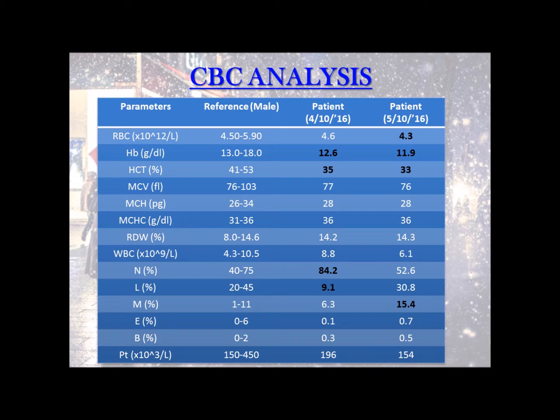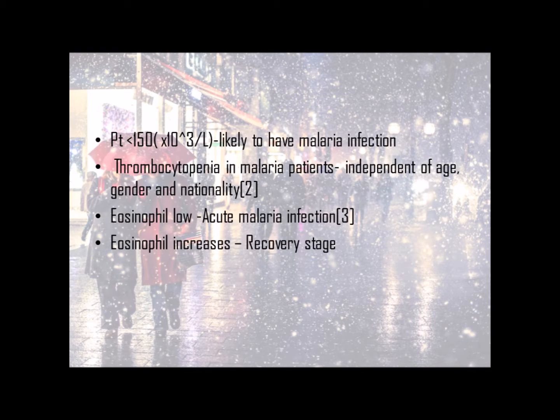Besides lymphocytes, eosinophils also serve as an indicator, where lower eosinophils can be found in acute malaria infection, while the eosinophil count increases at the recovery stage of a malaria infection.